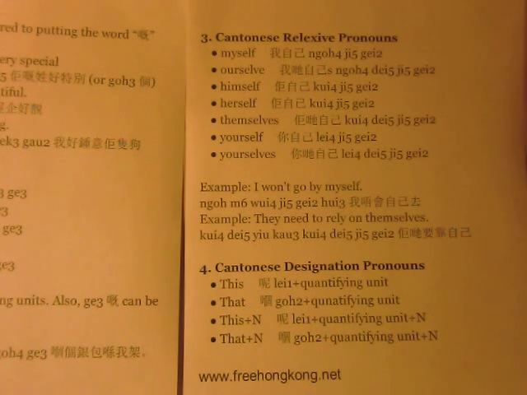And that dog we refer to as 嗰隻狗. This is something very close to you, or something that you can point at. That means something very far away from here, or something that you cannot immediately point your finger at.